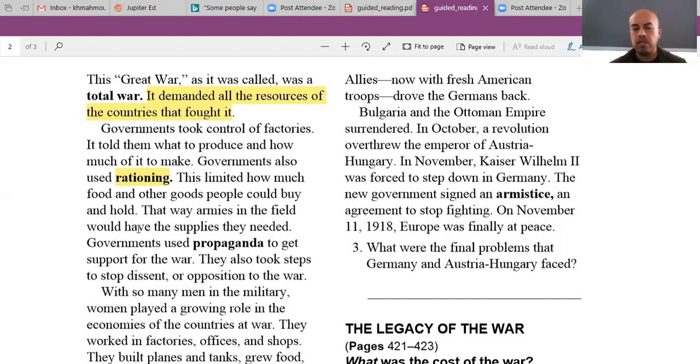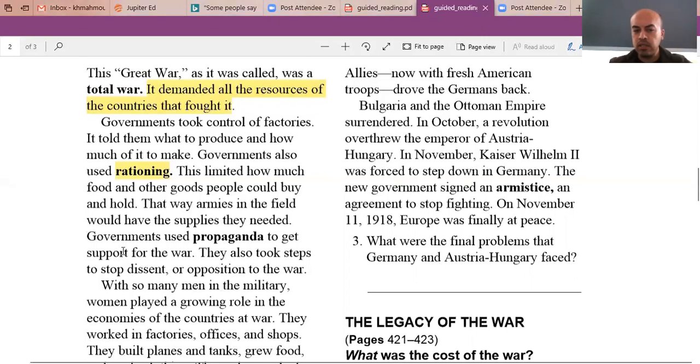That's why all the media and all the propaganda encouraged people to rationalize their consuming, because the goods were not available in every supermarket during this crisis. Okay, so that way, armies in the field would have the supplies they needed.